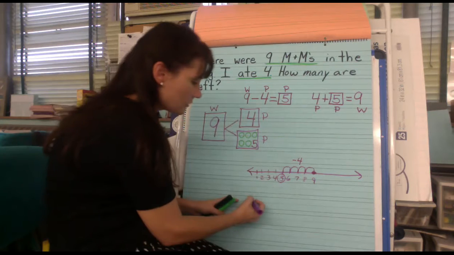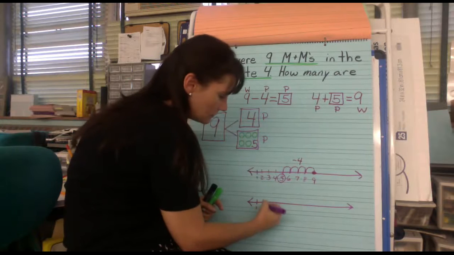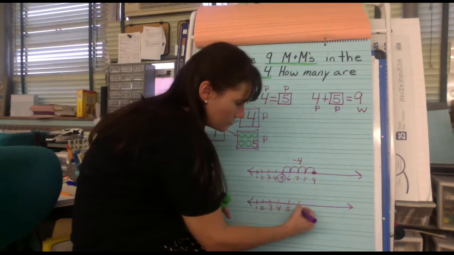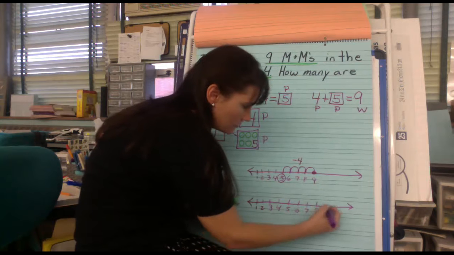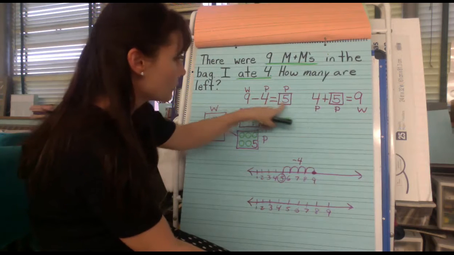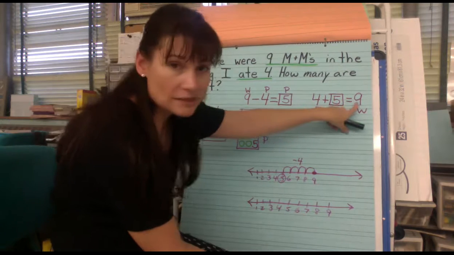But I can also think about my counting on to help me subtract. I know that my whole minus a part equals the other part, and my part plus a part equals 9.